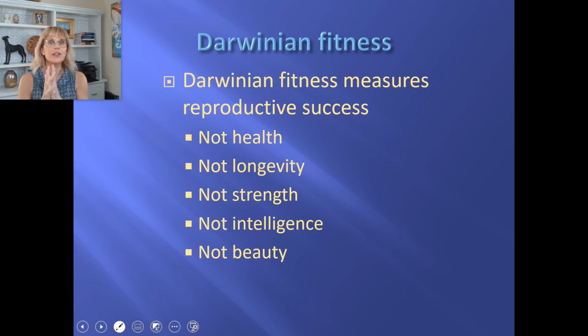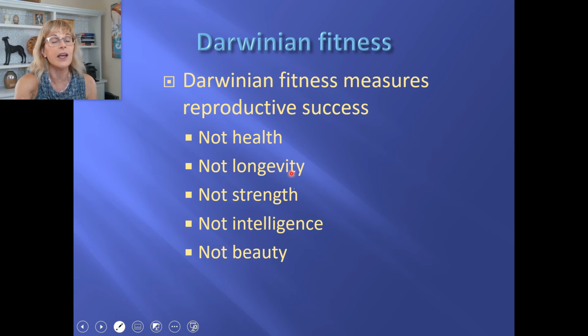Before we go further, let me define for you Darwinian fitness. When humans talk about survival of the fittest, we have a very parochial understanding of what that means. We think it means you're beautiful and rich and strong and you live forever. Okay, that is not Darwinian fitness. Darwinian fitness does not care at all about how healthy you are.